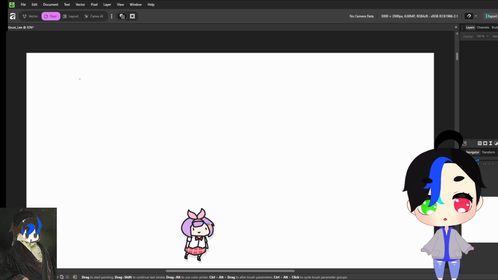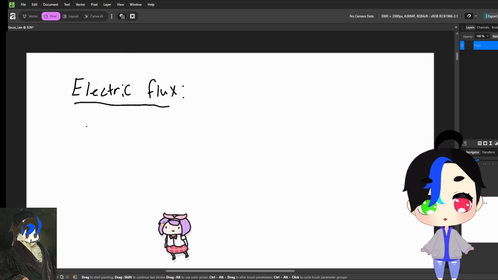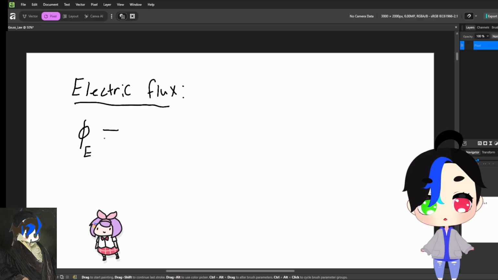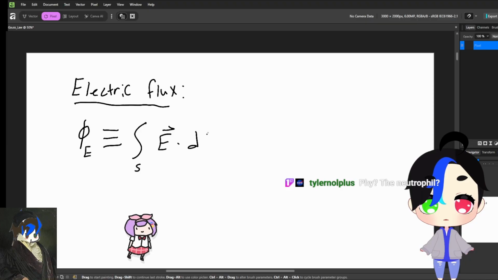So, we are going to look at a quantity called the electric flux, and we denote this quantity as phi sub e. The electric flux is defined as, if you haven't seen this before, the three-line equivalence sign means defined as. So this is true by definition. The electric flux is defined as the surface integral of your electric field over some surface.